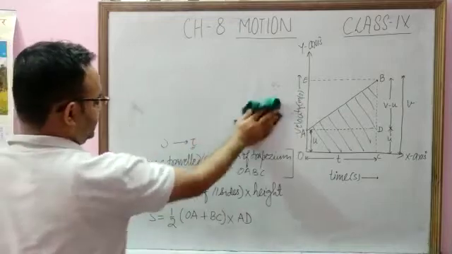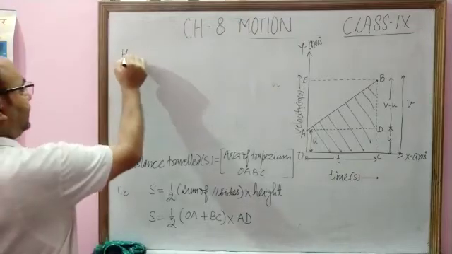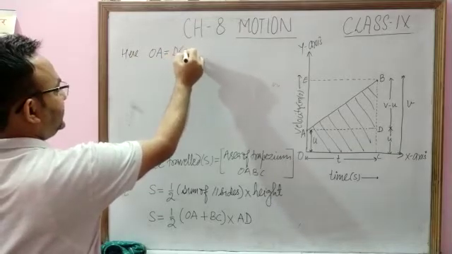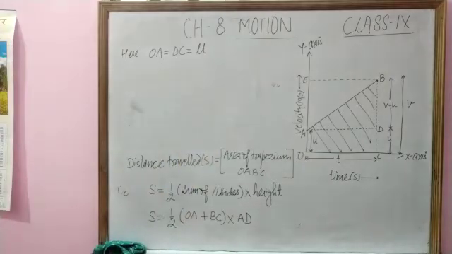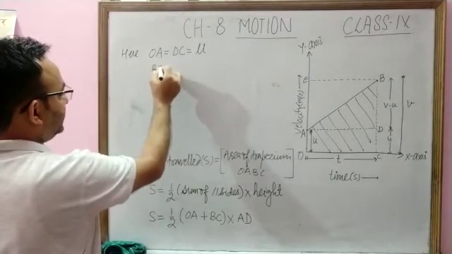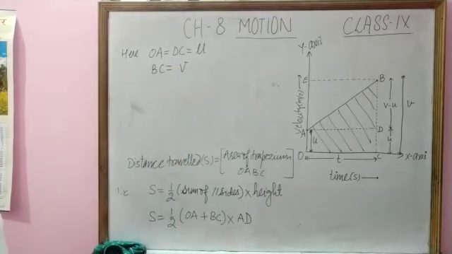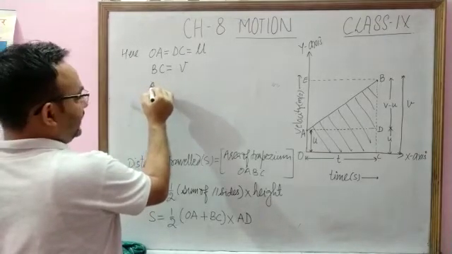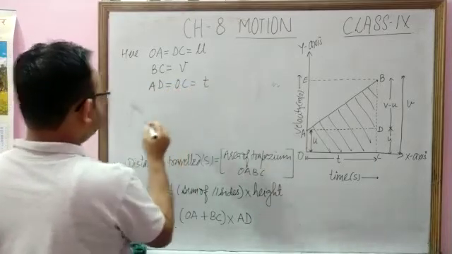Now here, OA is equal to DC is equal to the initial velocity u, and BC has the value v, and AD is equal to OC is equal to t.